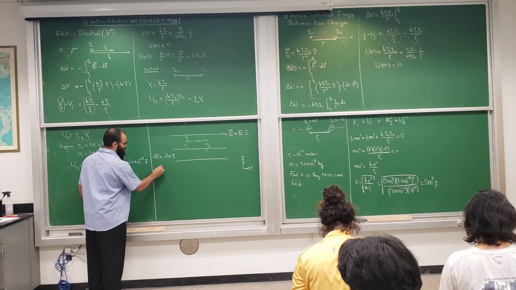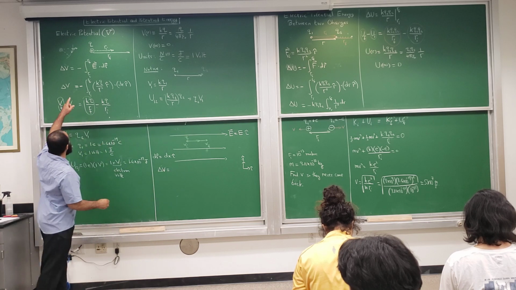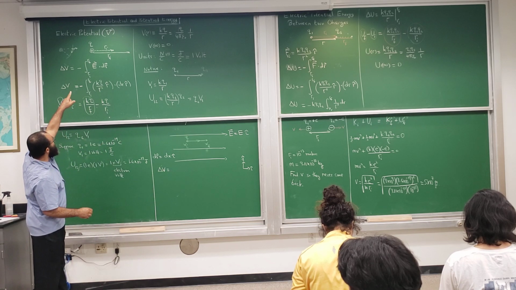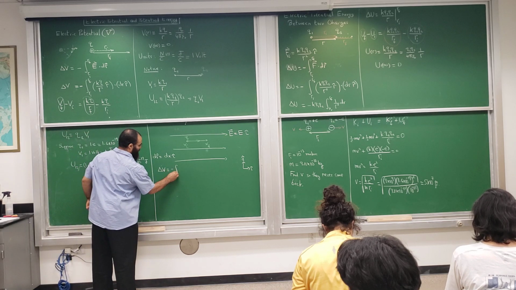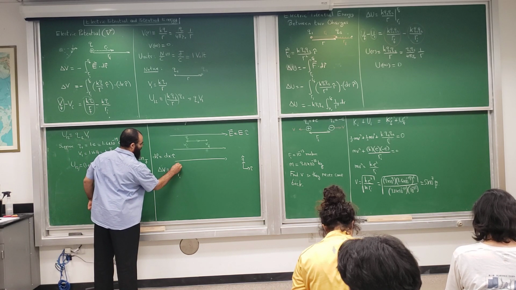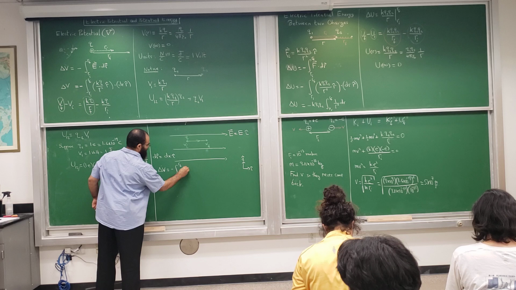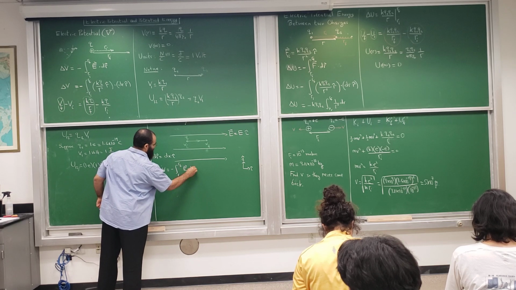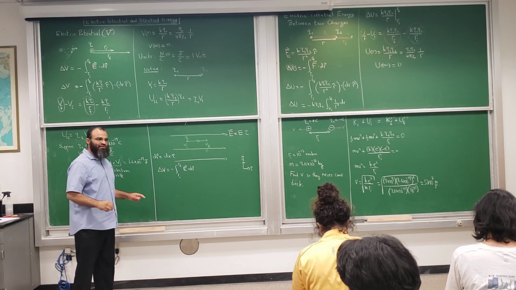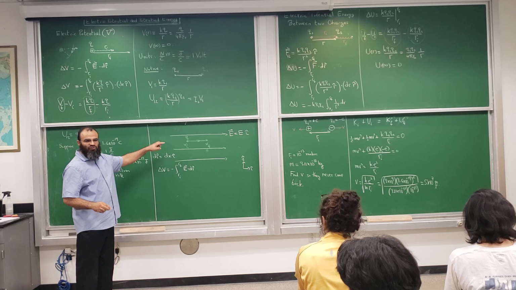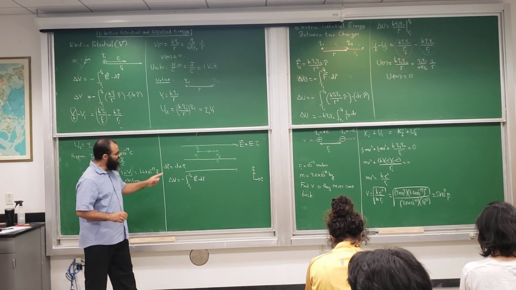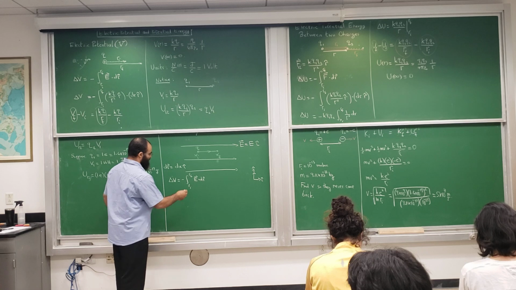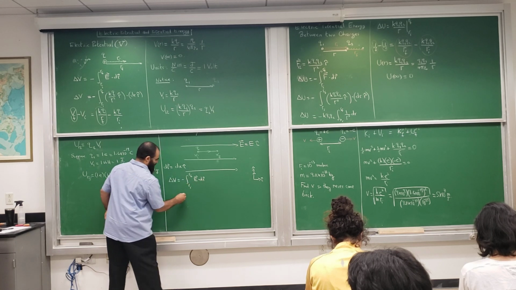So my change in potential, delta V, by definition is minus the integral from r initial to r final of E dot dr. I'm going to do this just once because for this type it will just be basically electric field times distance. That's what it's going to be when the electric field is uniform. So let's see what we get.